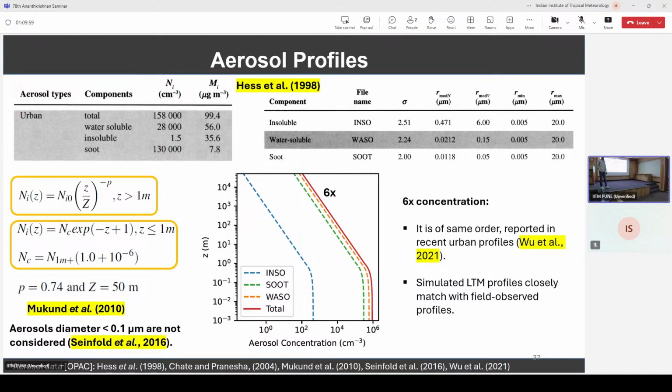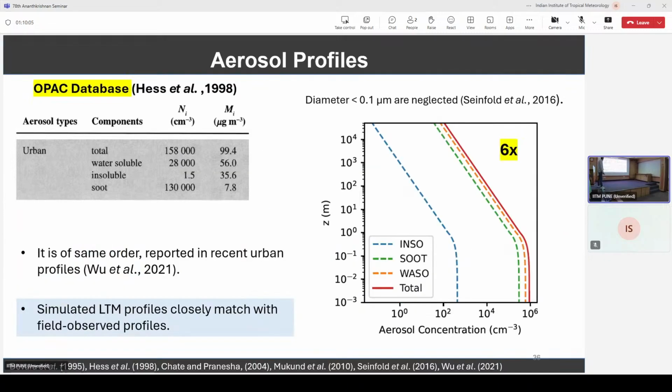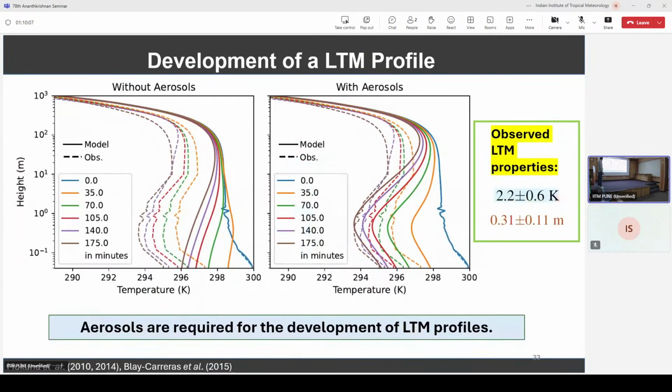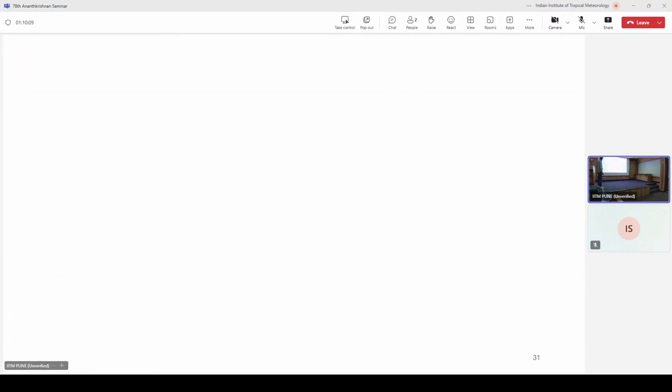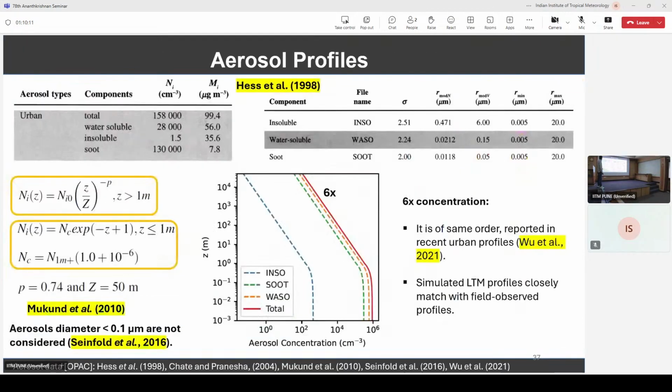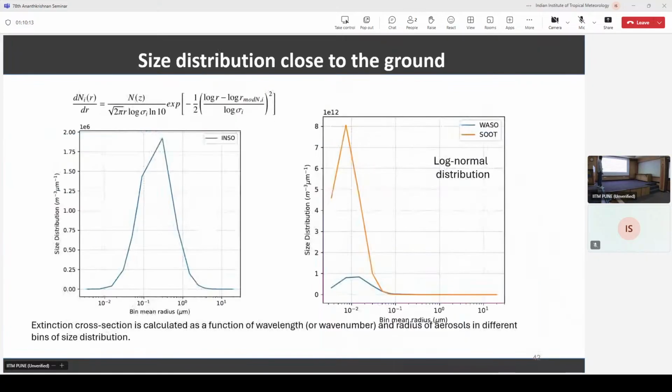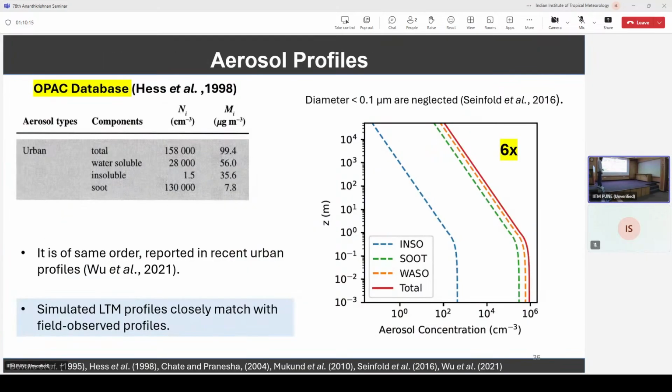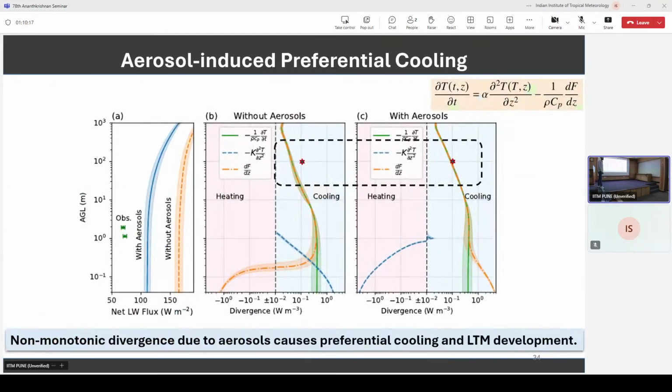So do you have aerosol cloud droplet interaction in your model? I mean, formation? No, I do not have cloud droplet interaction, but I have done some analysis. I can say what I did in the later part to observe the effect of fog, especially because my interest was to study fog. After the LTM developed, I injected the fog.